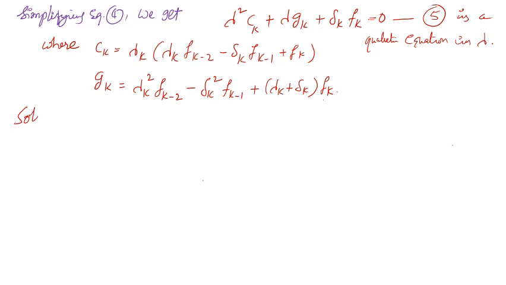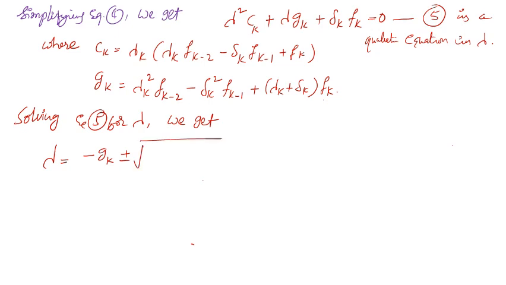So solving equation 5 for lambda, we get lambda = (-g_k ± sqrt(g_k^2 - 4 delta_k f_k c_k))/(2 c_k), applying the quadratic formula (-b ± sqrt(b^2 - 4ac))/2a.